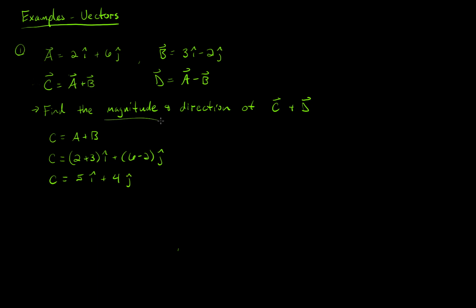But what I want is the magnitude. The magnitude of C is going to be the square root of cx squared plus cy squared. So that's the square root of 5 squared plus 4 squared. I need to calculate it real quick. That's about 6.403.